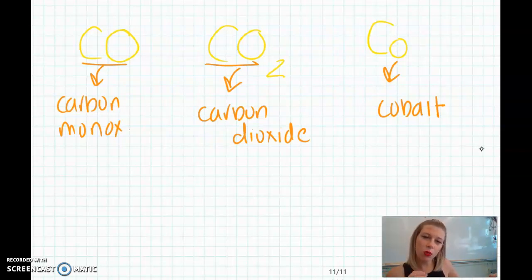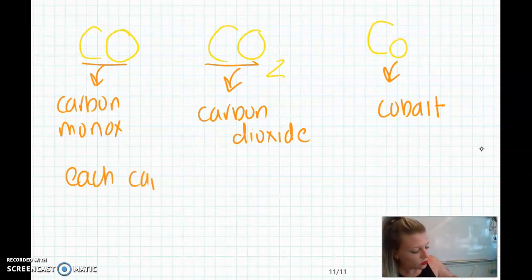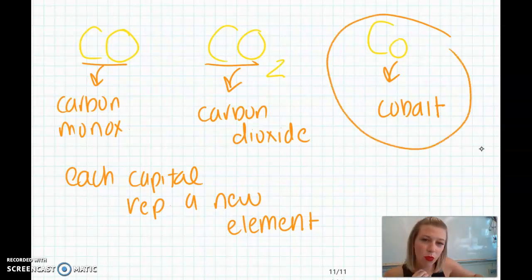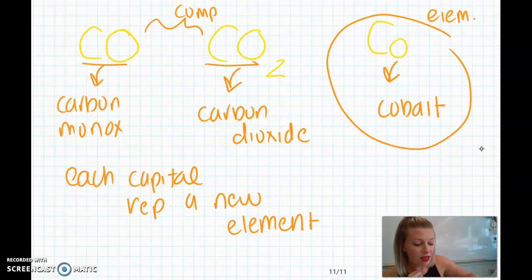If there is more than one capital letter present, then that means that there are two elements present. Each capital letter represents a new element. Therefore, over here with cobalt, we only have one capital and a lowercase, and that means that this is an element, while both of these are compounds.